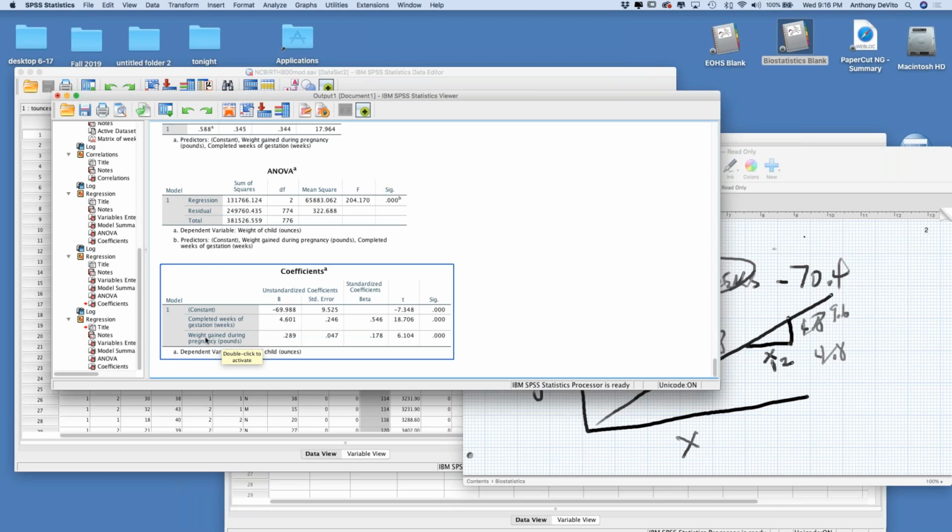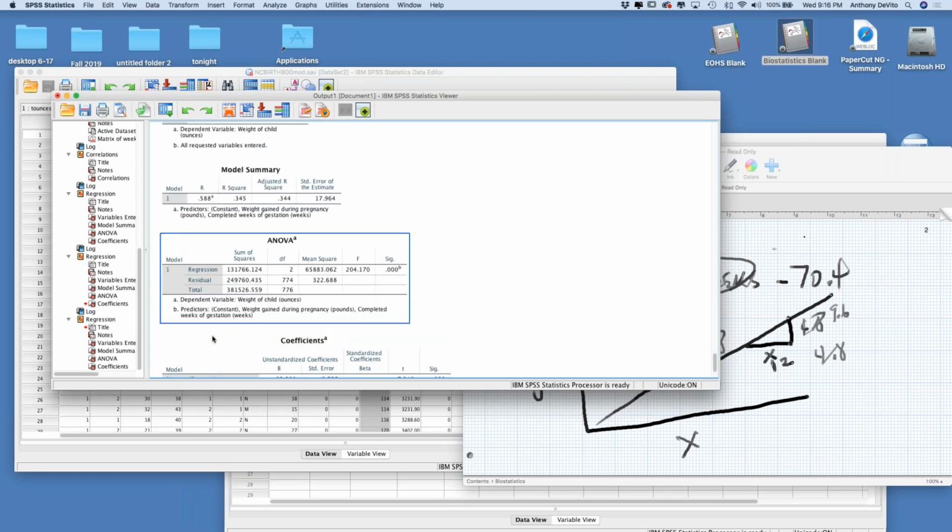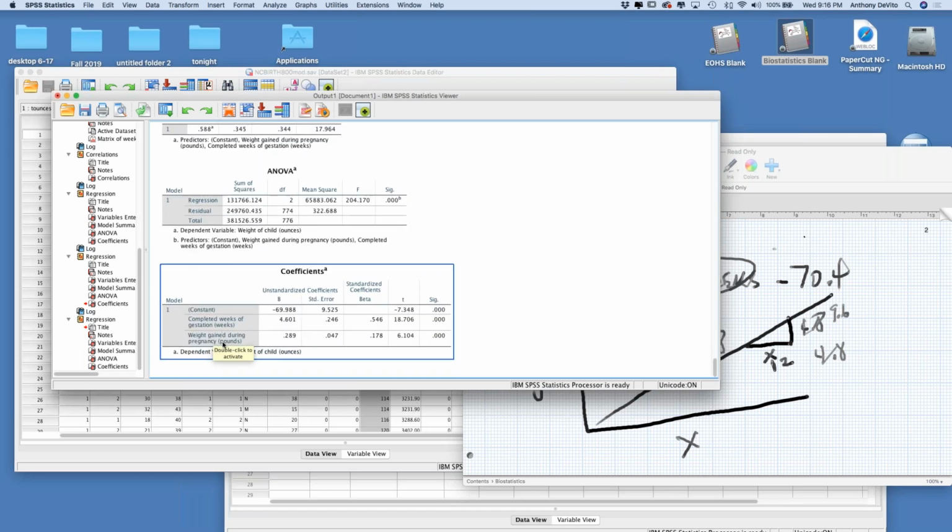They're not really independent of each other as predictors of the birth weight of the baby. So you've got to be careful of that because it adds a confounder to this whole thing. So it's really hard in multiple regression.